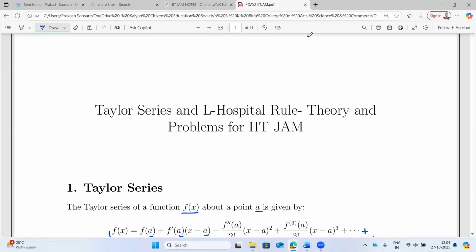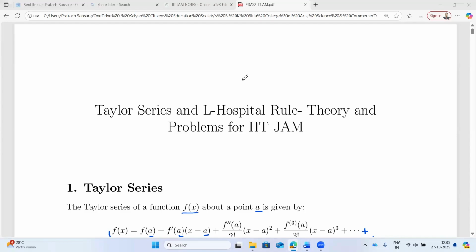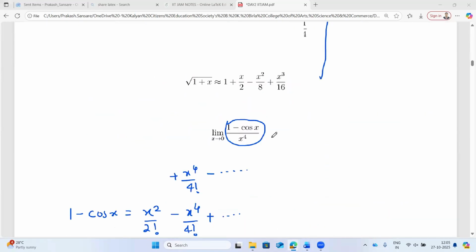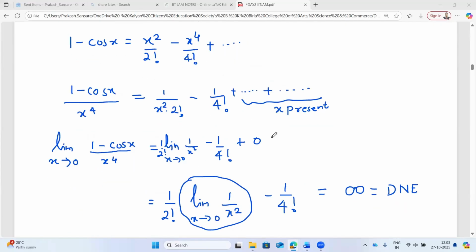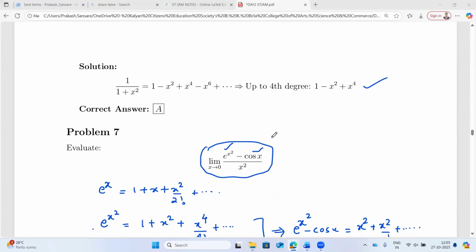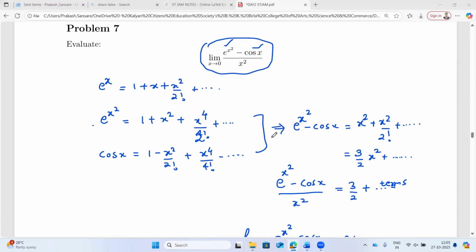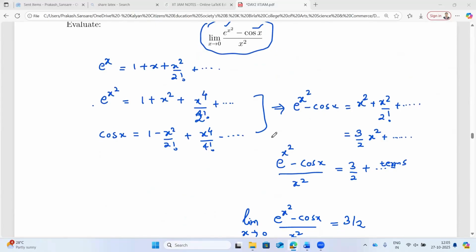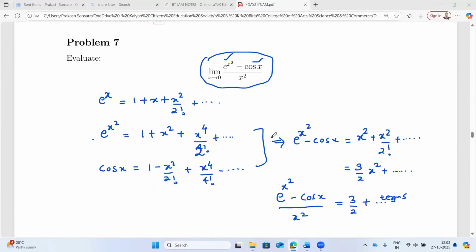Sir, in the seventh problem, please open the seventh problem. I think, sir, we can use L'Hospital rule in one step and get the answer. If you differentiate, we get e raised to x square times 2x plus sin x divided by 2x, and separate 2x on both sides.